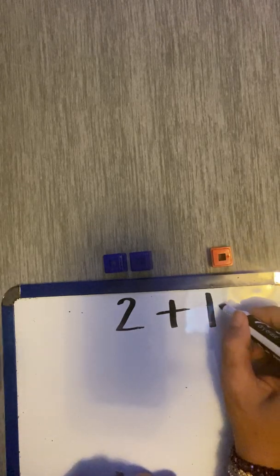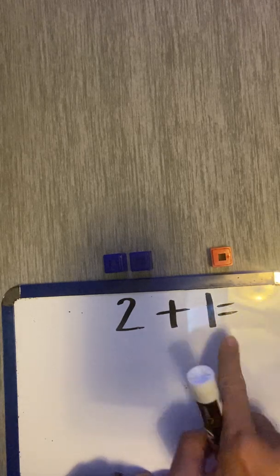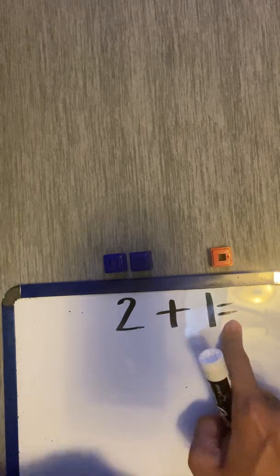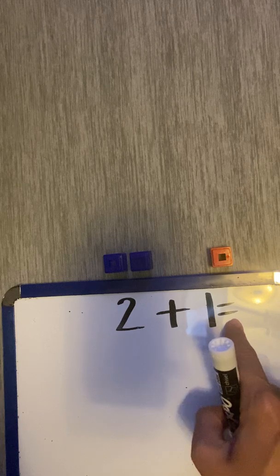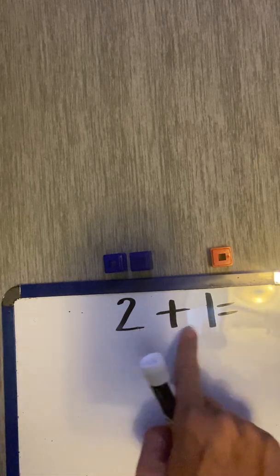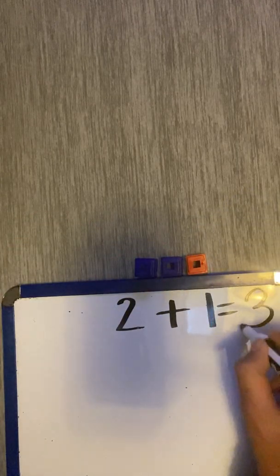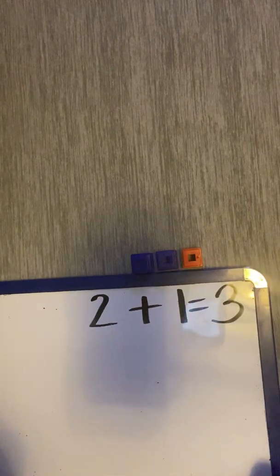And then what do we need after the 2 plus 1? What is this called? That's our equal sign. And after the equals, we always put the answer, or remember the word we used? Sum, S-U-M. And 2 plus 1, if we join them together, equals how many? 3. Okay? So, this is our number sentence for the word problem.